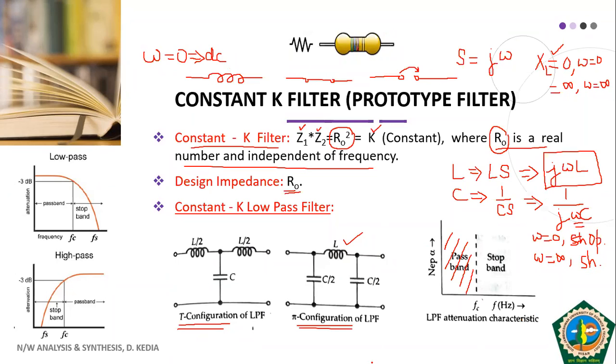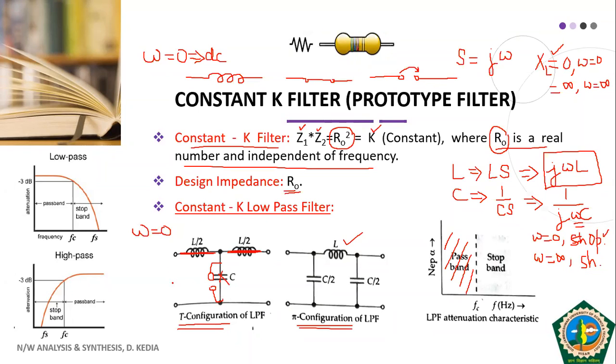So now let us see what happens when omega is 0, meaning low frequency. For zero frequency, your inductor will be short. So this is a short, and this will also be short. For zero frequency, your capacitor is open, meaning it will be removed.